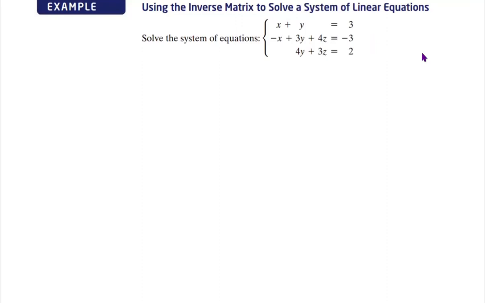First we need to make sure that the x's are aligned, the y's are aligned, the z's are aligned, and the numbers are on the other side, which is clearly done in this case. So let's write the matrix of the system.